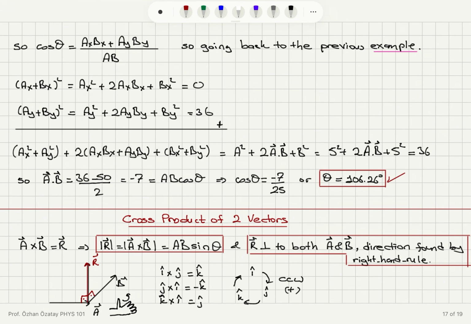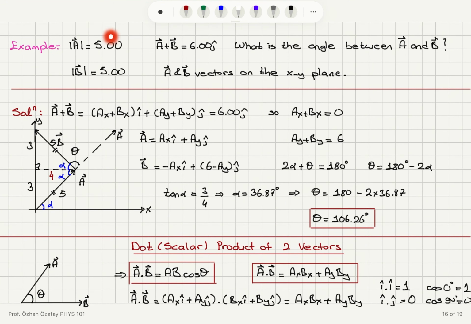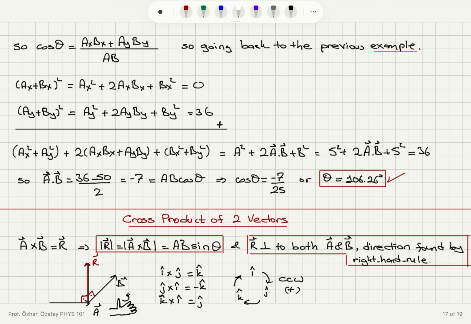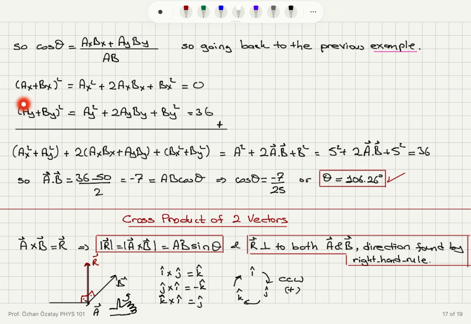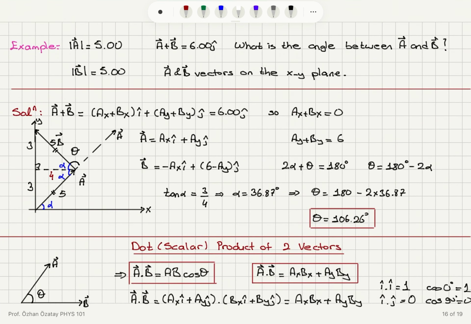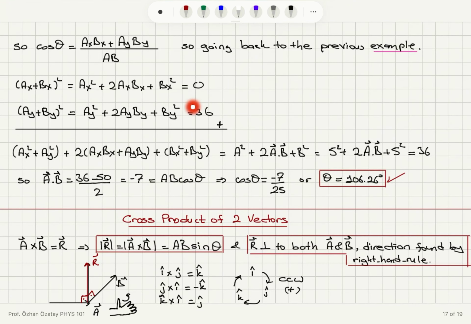So if you go back to the previous example, we can write ax plus bx, parentheses squared, that is ax squared plus 2ax bx plus bx squared, and ax plus bx was equal to 0, so this is going to be 0. Ay plus by, parentheses squared, is ay squared plus 2ay by plus by squared. That will be square of 6, 36.